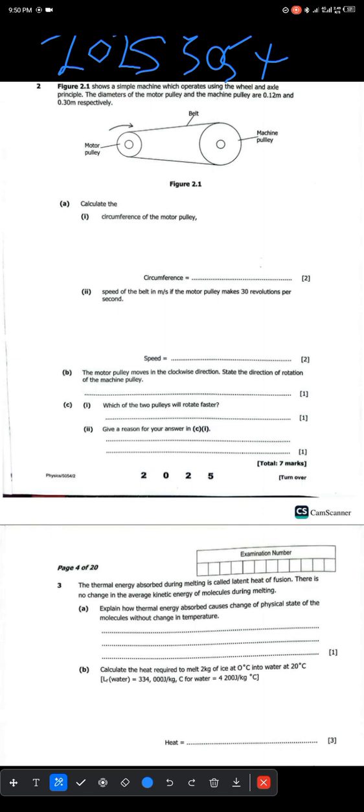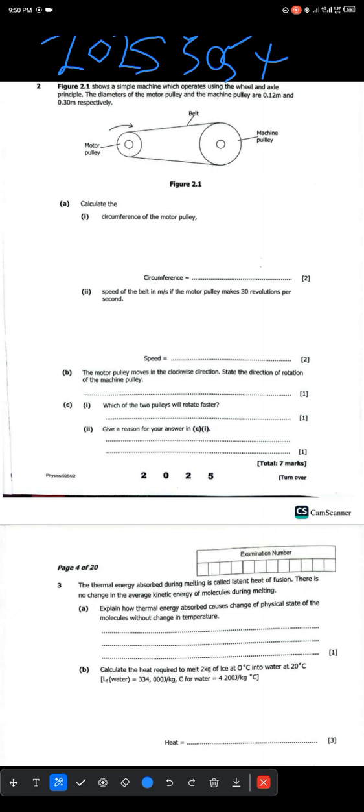So now our question was talking about a pulley which is used for lifting objects. In this case, we had motors. They are saying a simple machine which operates using a wheel and axle principle.